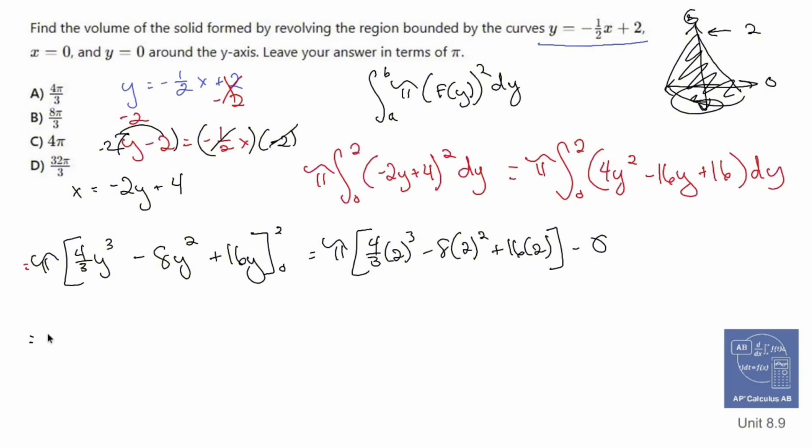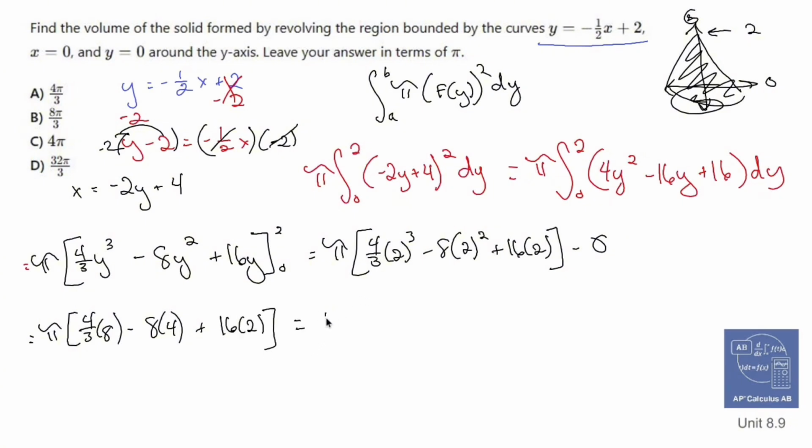2 cubed is 8, so I have pi times 4/3 times 8 minus 8 times 2 squared, which is 4, plus 16 times 2. I don't know why I just didn't say 32.